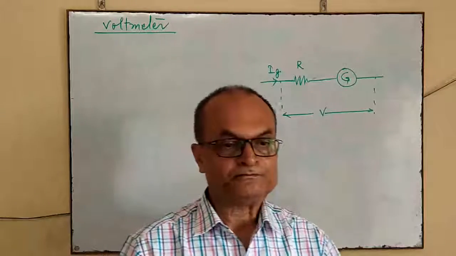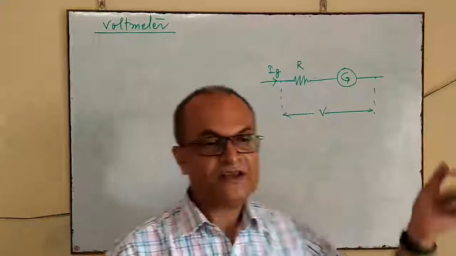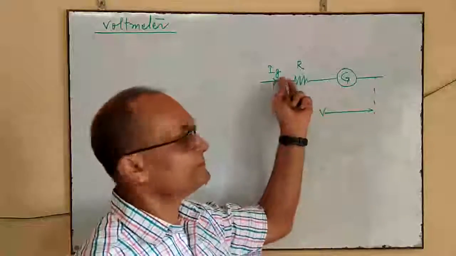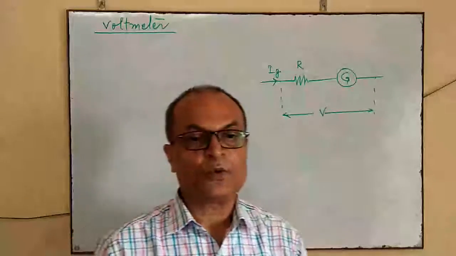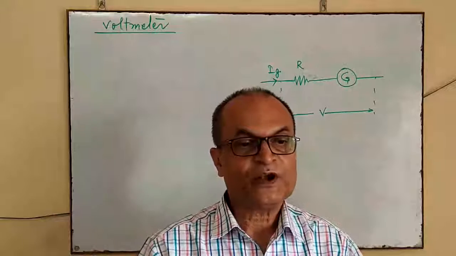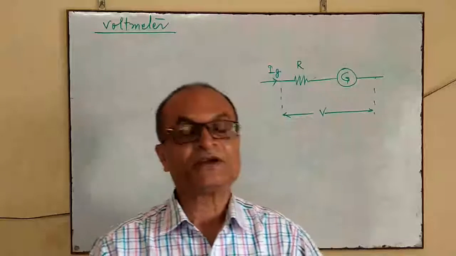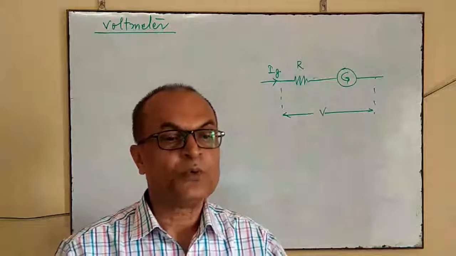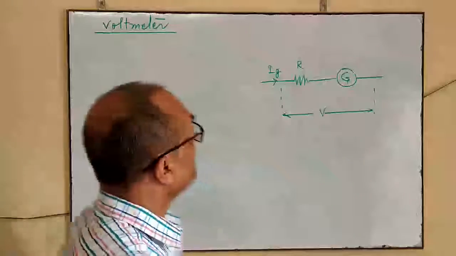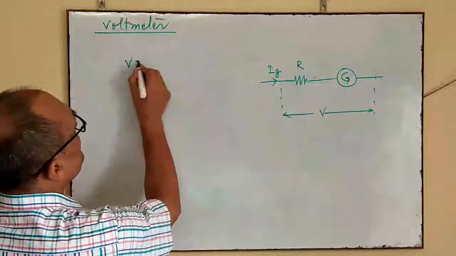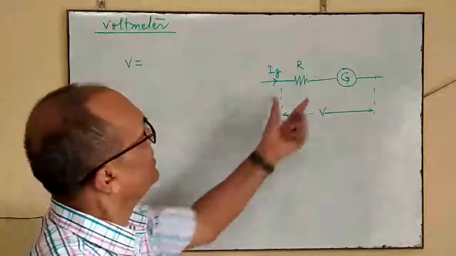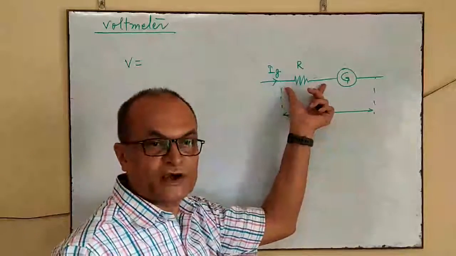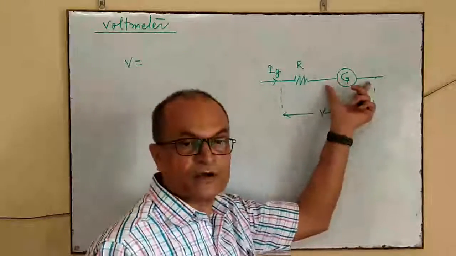So we will say Ig is the current flowing in the circuit, corresponding to which the voltmeter gives full deflection. Then the value of V will be equal to the sum of the voltage across this and the voltage across this.